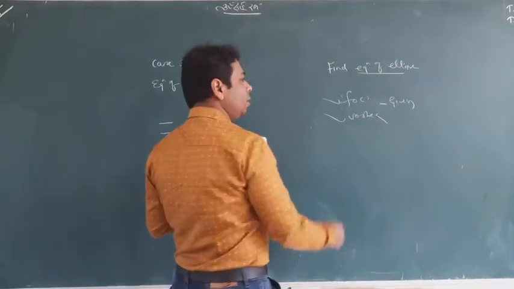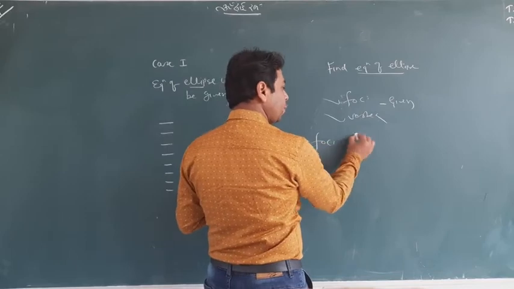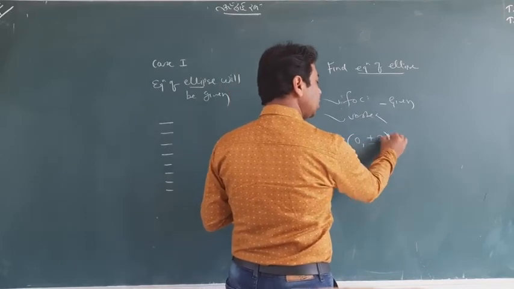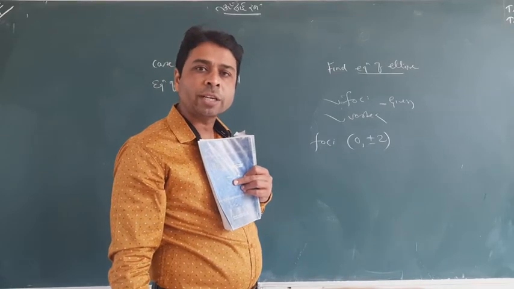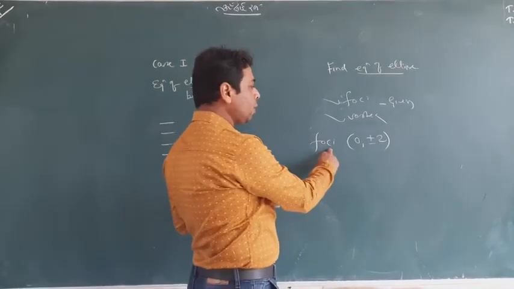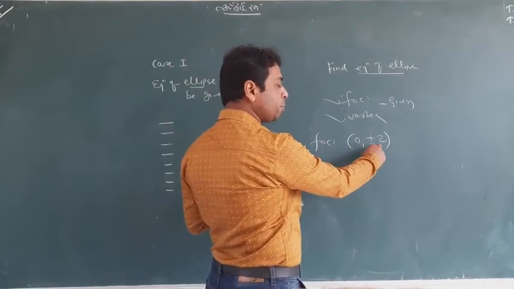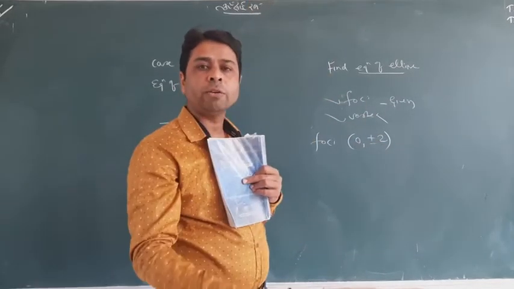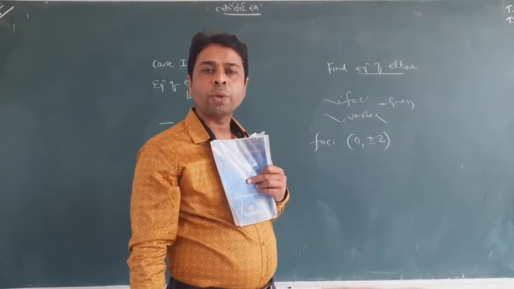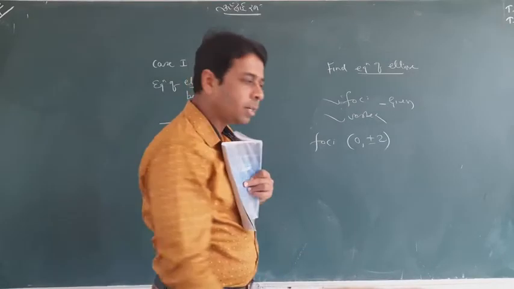If I say the foci of an ellipse are 0 and plus minus 2, you should instantly understand that the first element is 0, meaning the focus is lying on the y-axis.